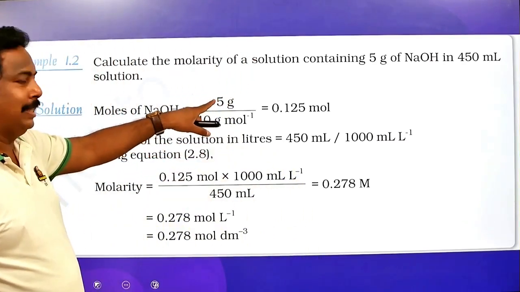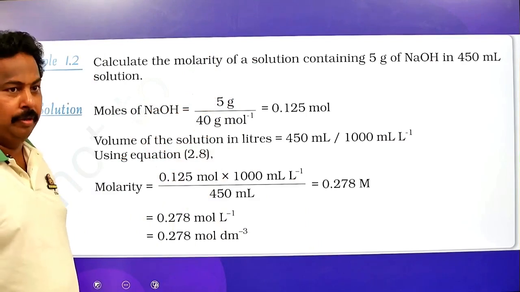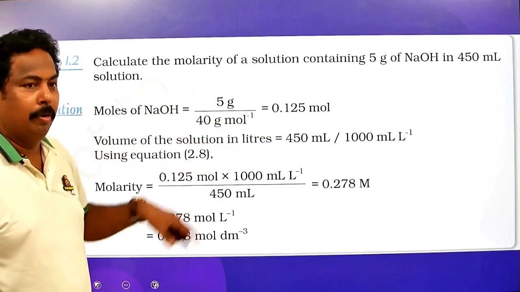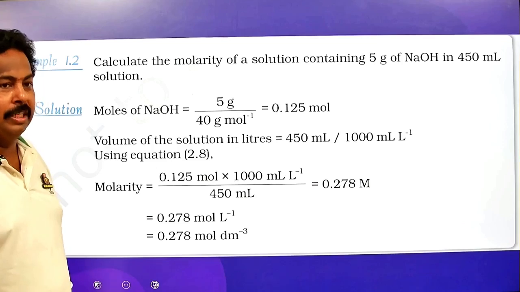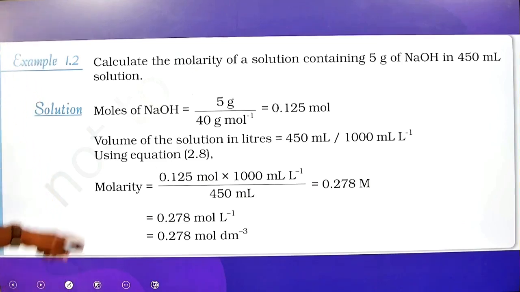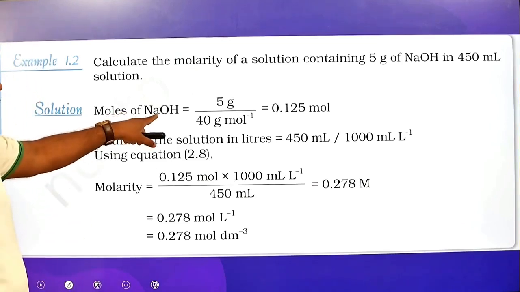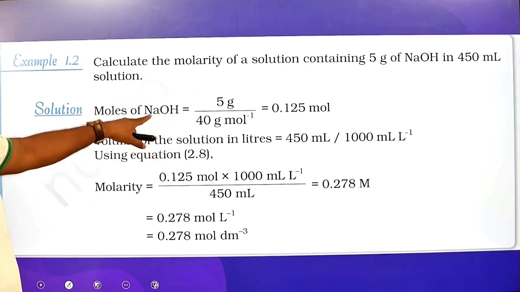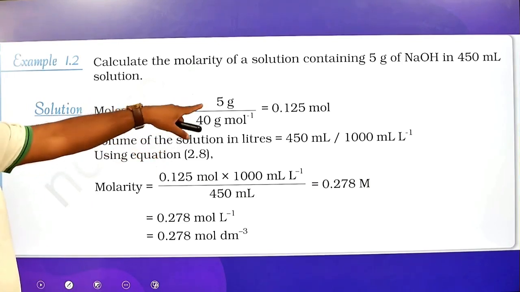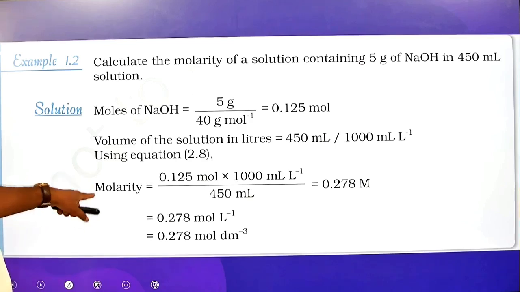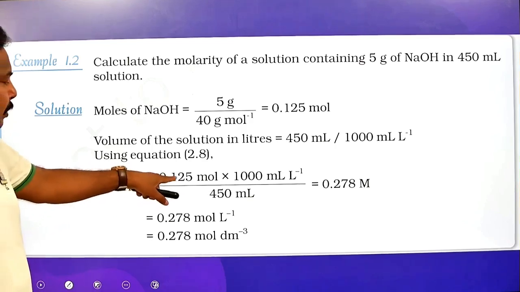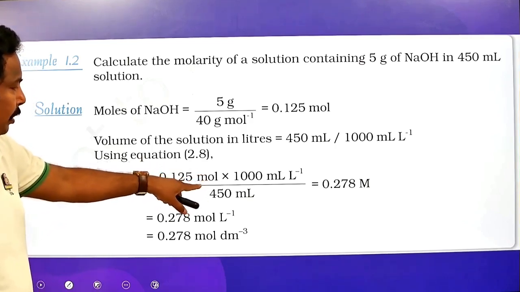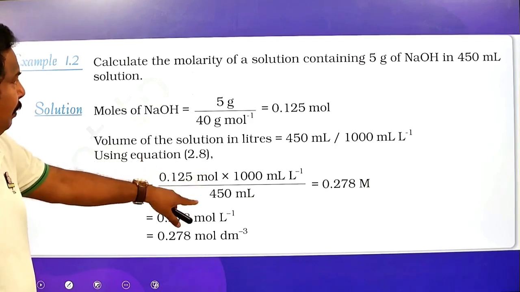5 grams is the solute, mass of the solute. How many moles? Number of moles is 0.125 moles. So number of moles of NaOH, which is nothing but the solute, is 0.125. So finally I come here, 0.125 mole divided by 450 ml.